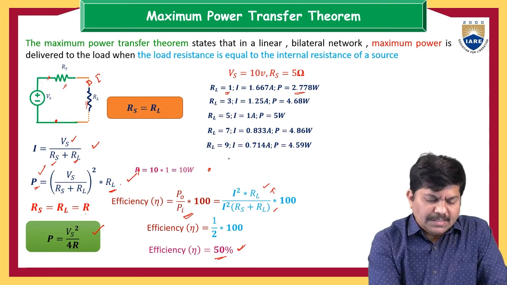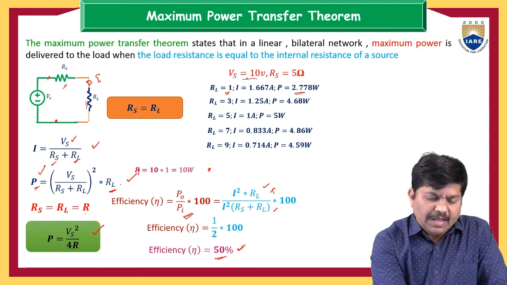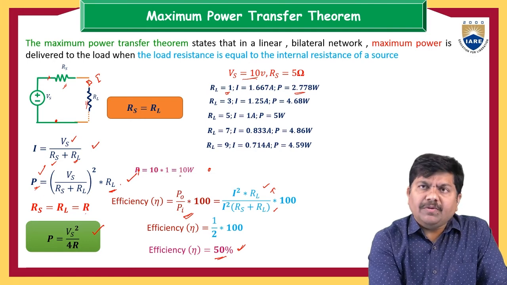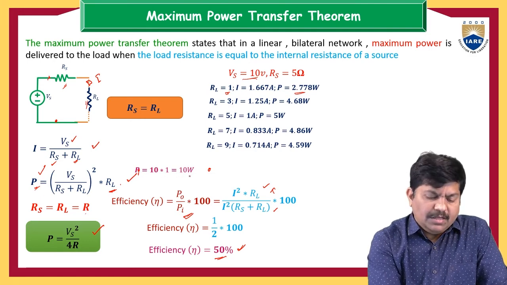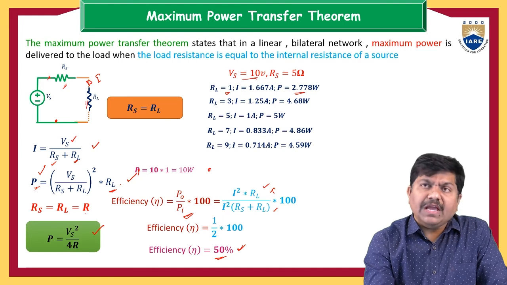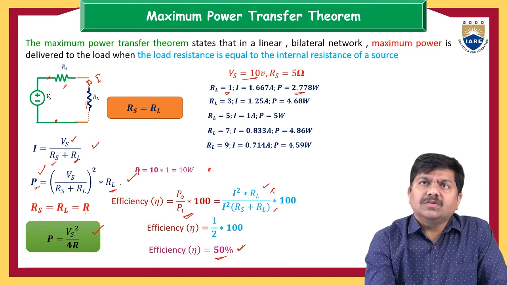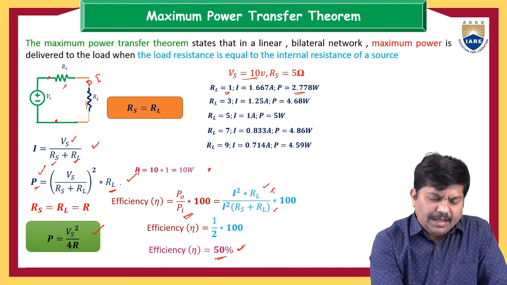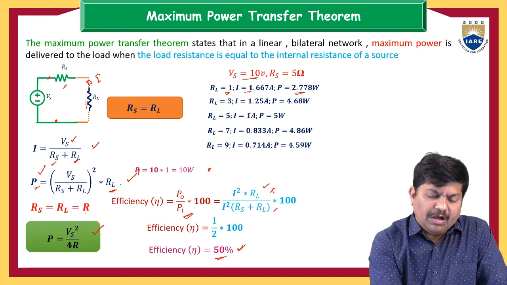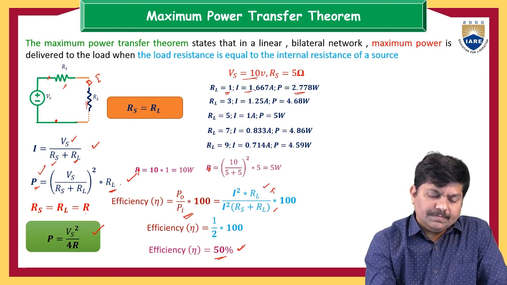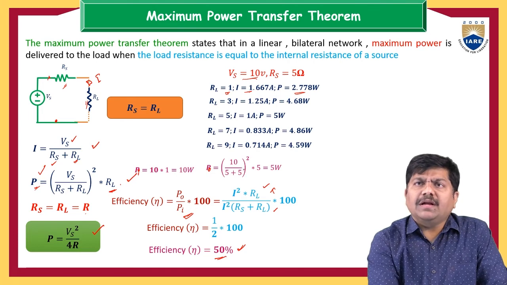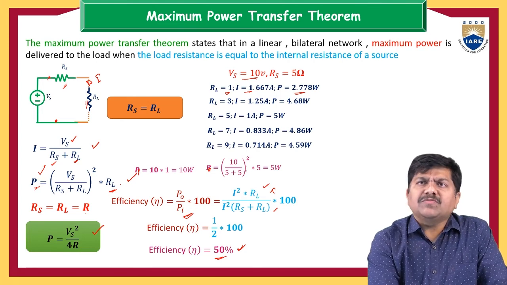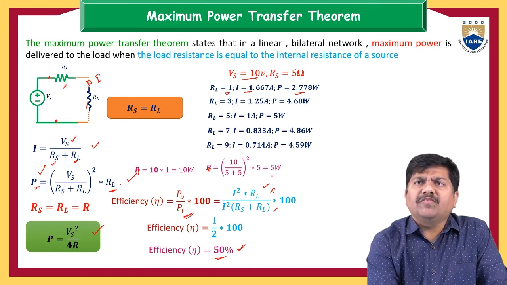The input power PA is equal to 10 into 1, which is 10 watts, because we have taken the VI formula, where V is 10 and the current is 1. Otherwise we can also take I square into R. The output power is 10 by 5 plus 5 whole square, that is 5 watts.